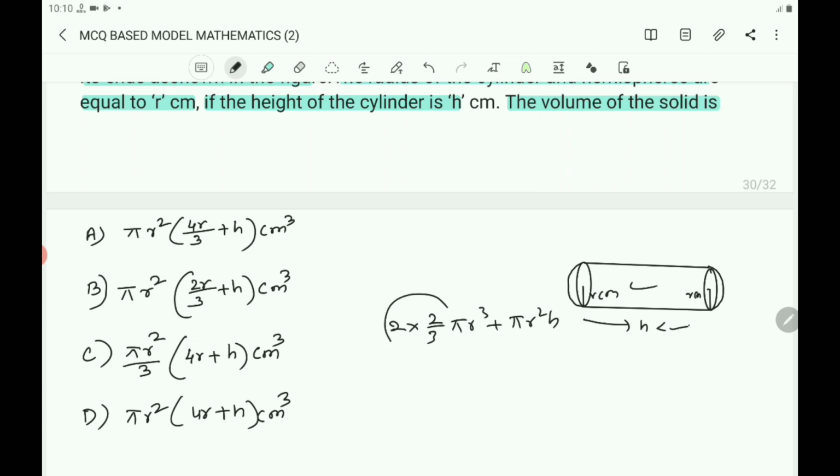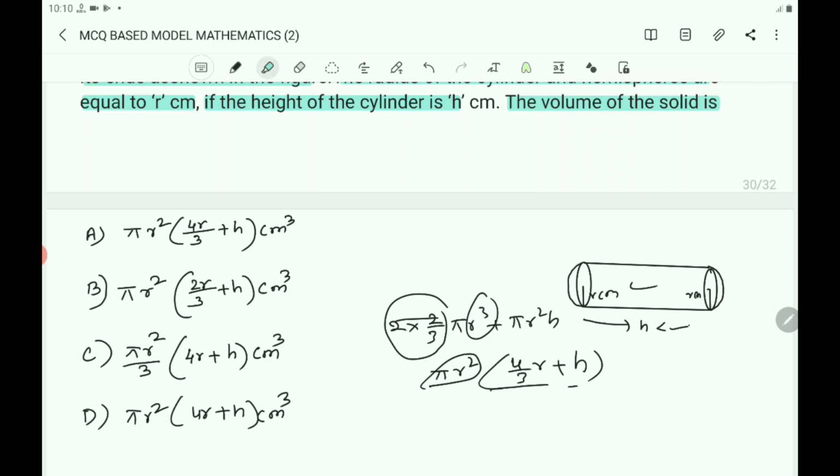So it becomes 2 into 2 by 3 pi r cube, and pi r square h is there. So you can take pi r square outside. In the bracket, 2 into 2 by 3 is 4 by 3. In r cube, what is remaining? r. And here h is remaining. So you get pi r square into (4 by 3 r plus h) cm cube.